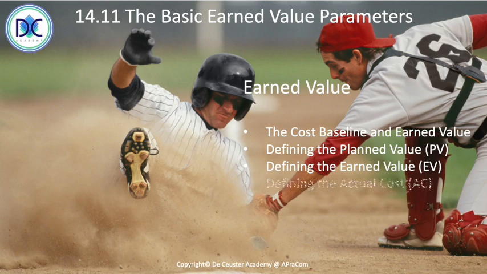Then we can define the planned value or PV, the earned value or EV, and the actual cost. These are the three basic parameters, and it's finally also important to evaluate all these parameters. What does it mean when we have those different parameters identified?